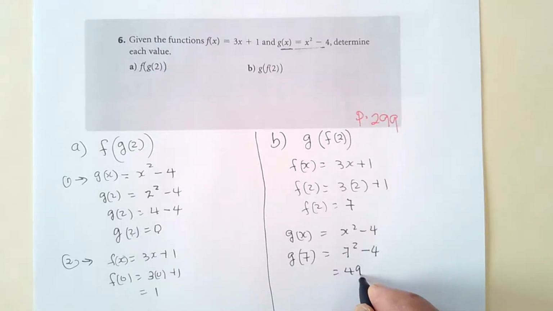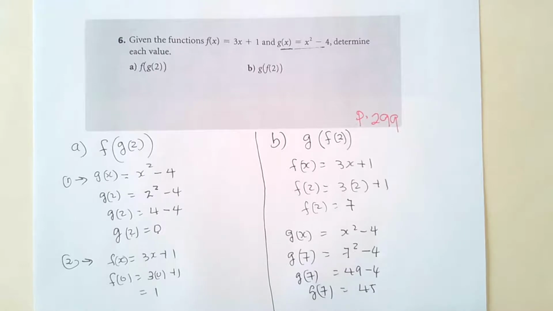This is 49 minus 4. So g of f at 2 is equal to 45.